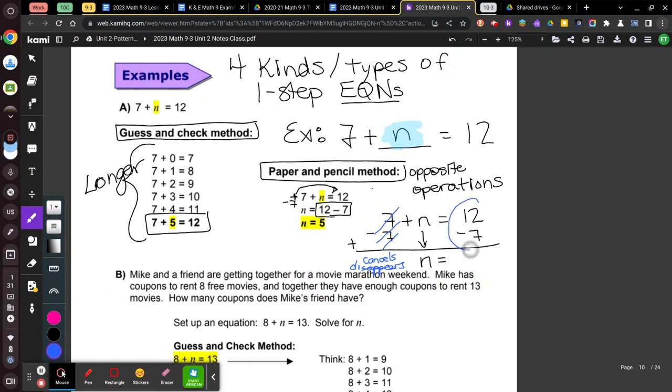Now we add this part up, and that's our final answer. We get 5 as a final answer. So they got 5 the same way we did. It takes fewer steps to do it that way than doing the guess and check way, which takes longer, unless you're very quick on your calculator.